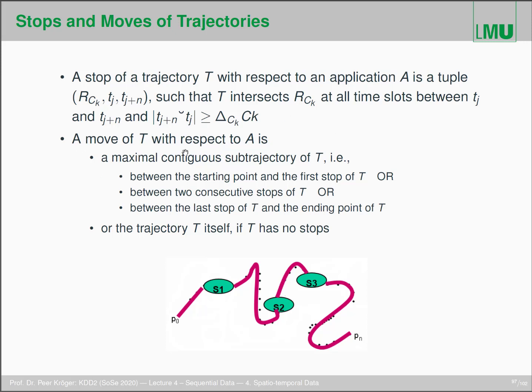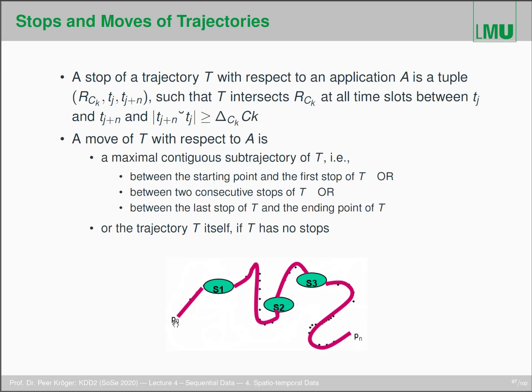And a move of t with respect to an application is then a maximum contiguous subtrajectory of t, either between the starting point and the first stop of t, or between two consecutive stops of t, or between the last stop of t and the end point of t. Well, that makes sense. Or of course the trajectory itself if t has no stops.